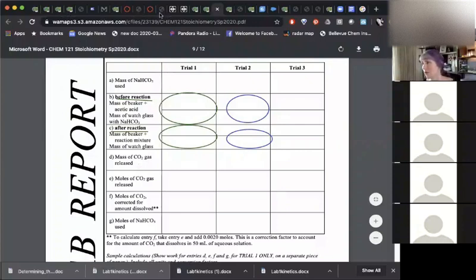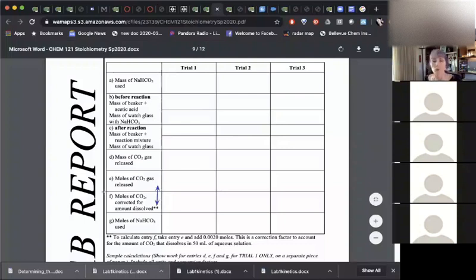There's a little bit more. And that is right here, from here to here. We measure the CO2 that came out of solution, but some of the CO2 stays dissolved in the water. And we know how much that is.